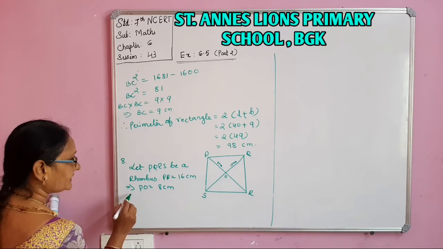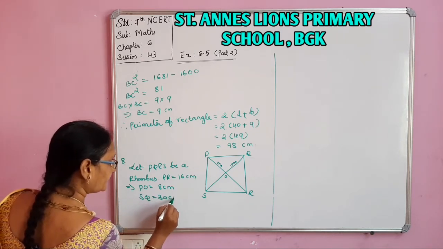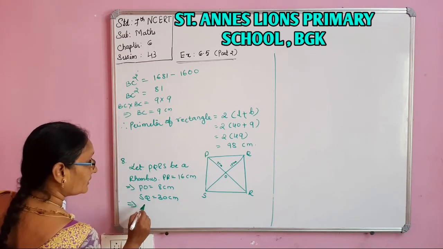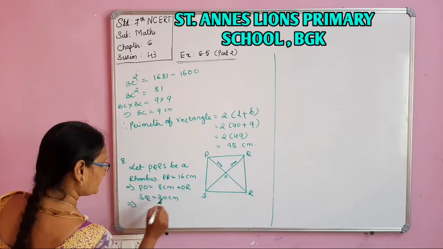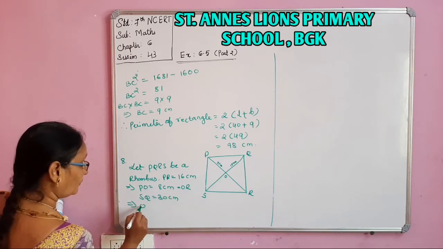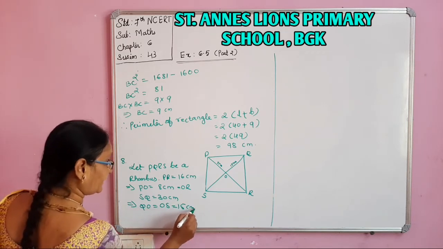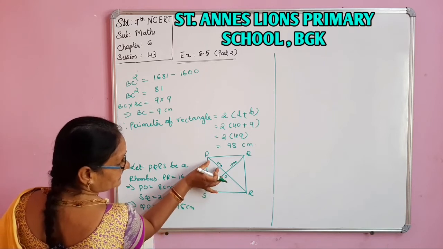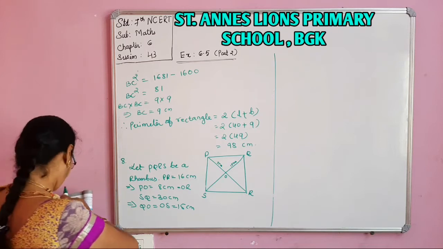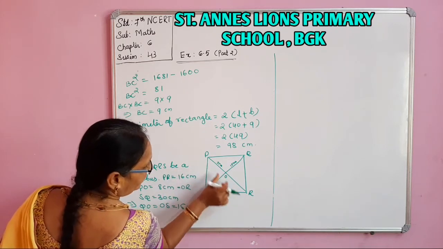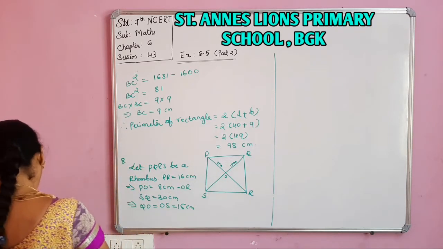The same way, SQ is equal to 30 centimeter. This implies that QO is equal to OS is equal to 15 centimeter. Always the diagonals bisect each other, that means half of. So PO equals 8, OR equals 8, QO equals 15, OS equals 15 centimeter.